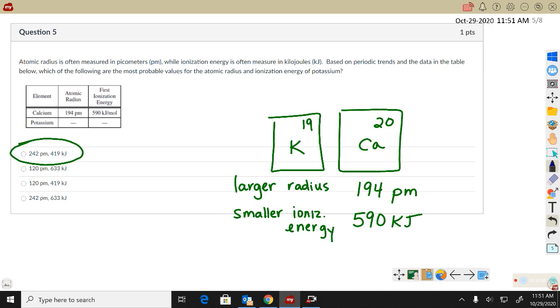So going across, calcium has an extra proton and an extra electron. So even though they're still filling the fourth energy level, because of that extra proton and electron, the attraction in calcium should be stronger, right?